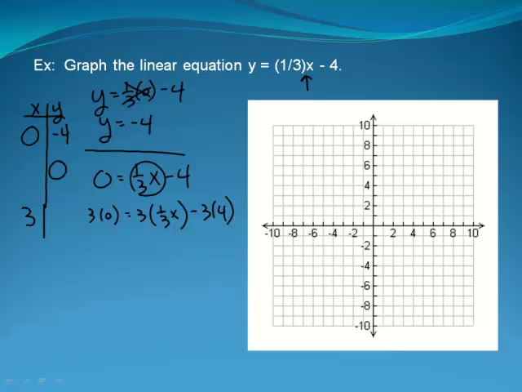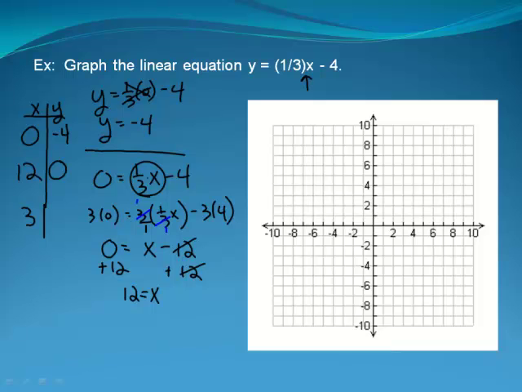Remember, this is only one term because it's multiplication, so you only need that one 3. Working left to right, 3 times 0 is 0. That's equal to, here, that 3 and that 1/3 will cross-cancel, leaving you with a bunch of 1's. And 1 times x is just x minus 12. Solve for x by adding 12 to both sides. And x is equal to 12. So I know that when y is 0, x is 12.